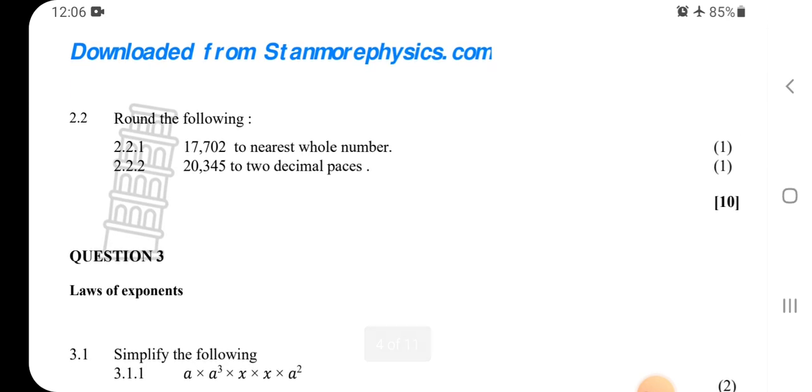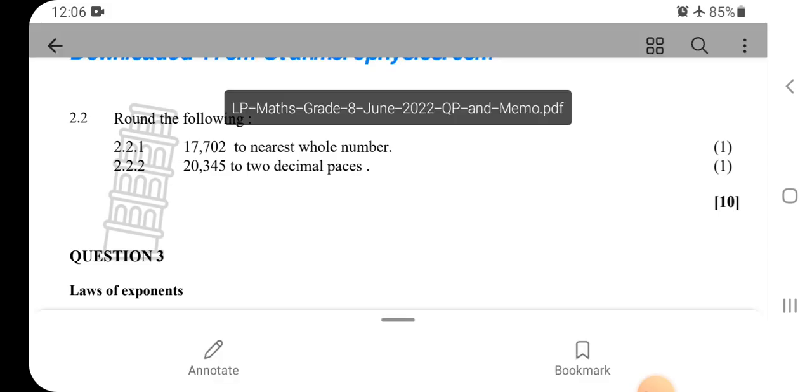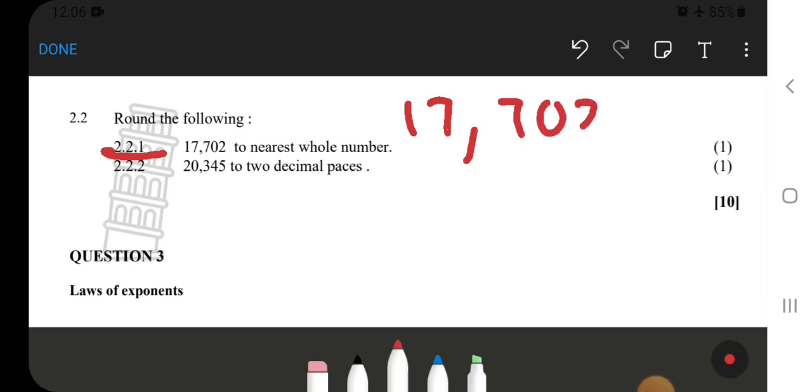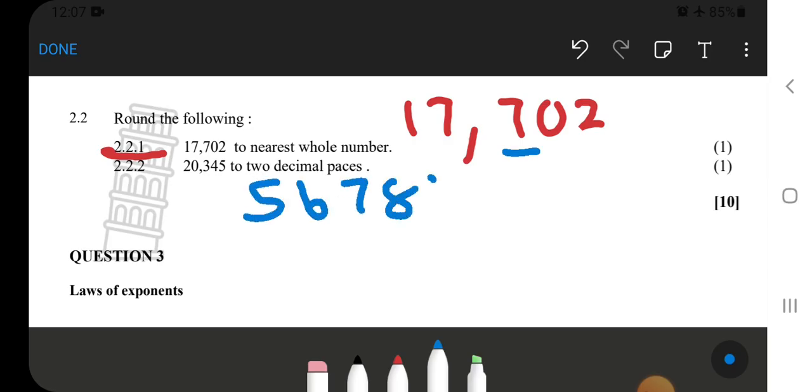2.2 says round the following. So for 2.2.1, we have 17.702. We are asked to round it to the nearest whole number. So here we have 7. Whenever we have 5, 6, 7, 8, or 9, it takes this number up.